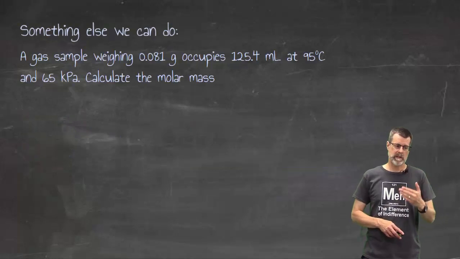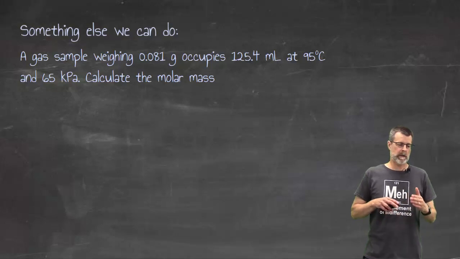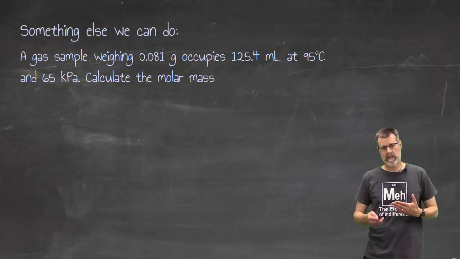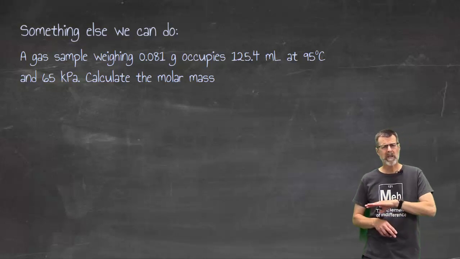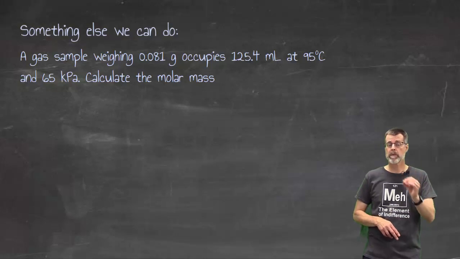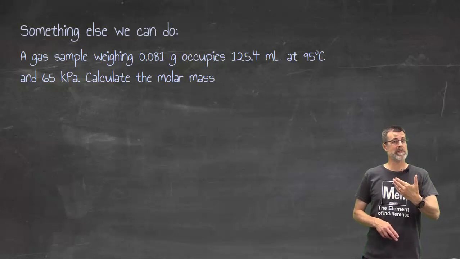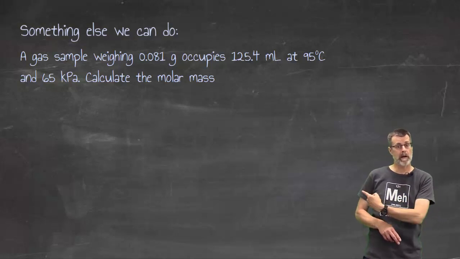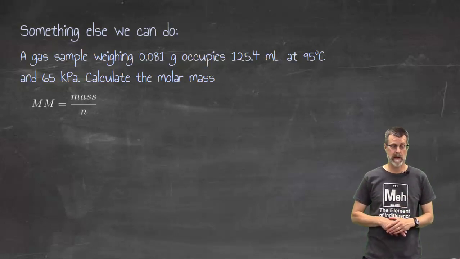Okay, what else can I do? If I know information about the gas, and I've got a mass and a volume and a temperature and a pressure, I could use that to figure out the molar mass. Now, if you think way back to when we were dealing with simplest formula and molecular formula, we needed to know molar mass. And at that time, you were always given a molar mass. Hey, I don't need to give you molar mass anymore. I could give you gas information instead.